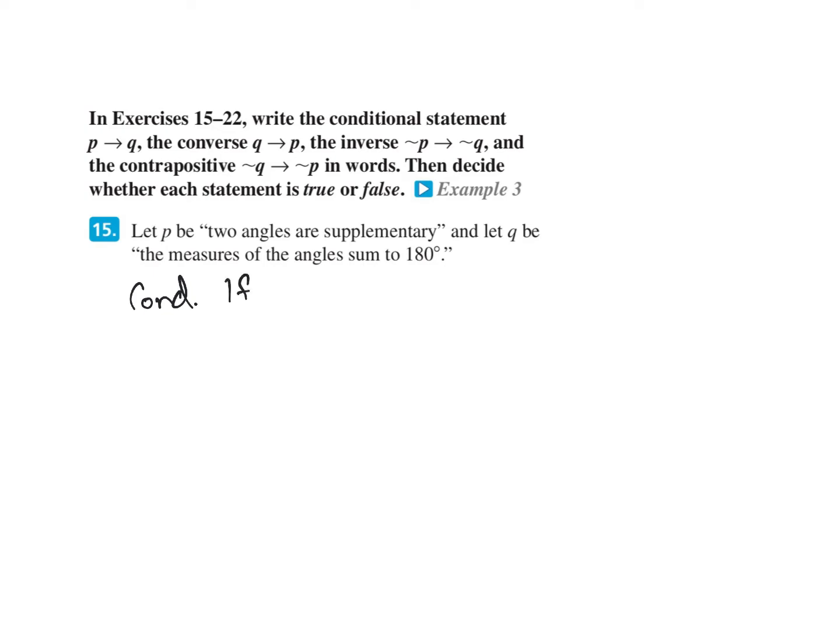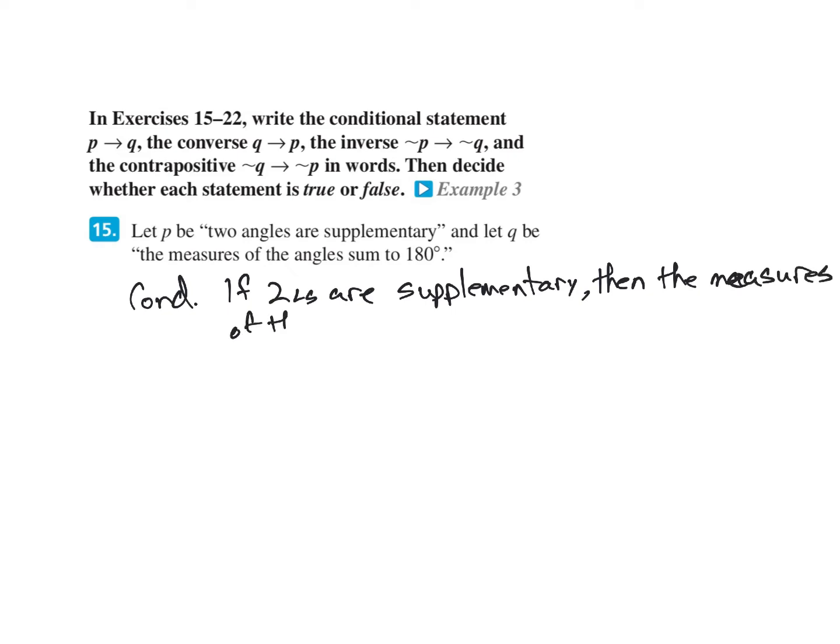So if 2 angles are supplementary, then the measures of the angles added equal 180. Okay, that's your conditional statement.